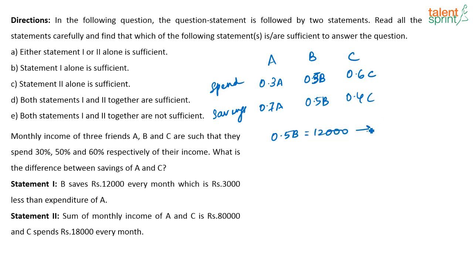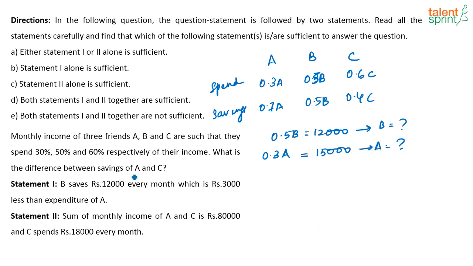So from here I can find out B. And this 12,000 is 3,000 less than the expenditure of A. How much is A spending? A is spending 12,000 plus 3,000, so A is spending 15,000. Spending means 0.3 times the salary of A, so from here I can find the salary of A.